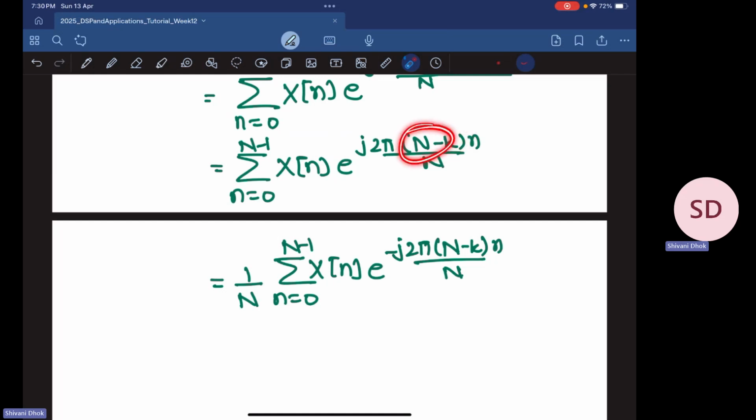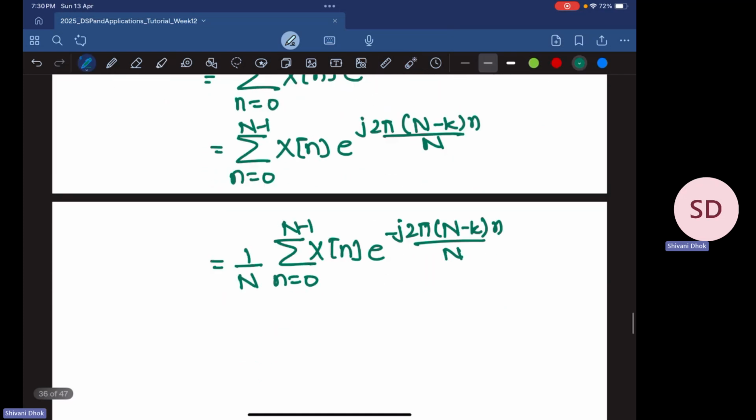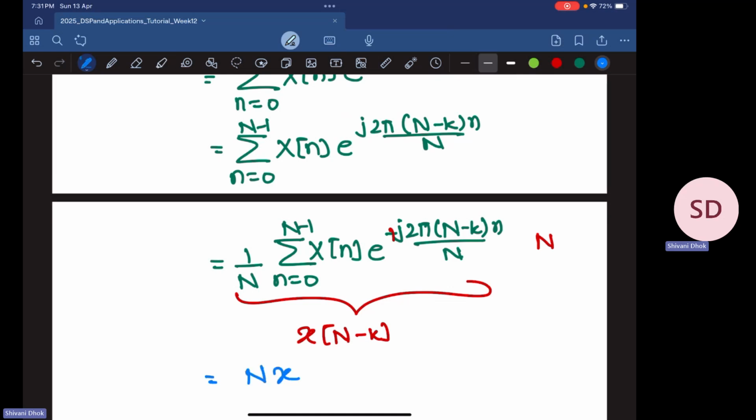For that we did this particular trick. And this particular thing here is basically x of n, not this entire thing, is basically x of n minus k. And we have an n multiplied here. So this comes out to be equal to n times x of n minus k.